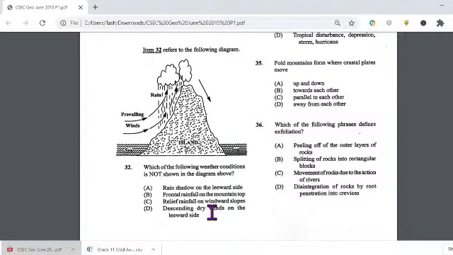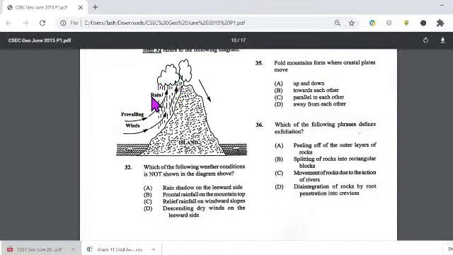So, it said, which of the following weather conditions is not shown in the diagram above? So, are you seeing a rain shadow on the leeward side? First of all, do you know where the leeward side is? The windward side is where the wind is coming from. So, we're seeing the wind here, and as a result of the wind coming in at this direction, the air is going to rise, the hot air is going to rise, it is going to condense closer towards the top of the mountain.